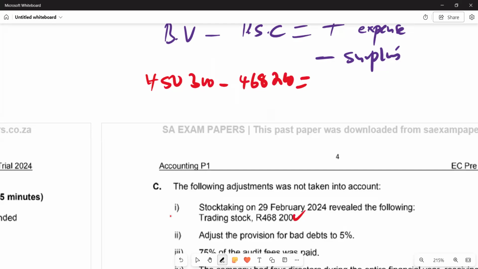So when we subtract, we are going to get negative 17,900, which is a surplus. So if it's a surplus, we take it as 17,900 surplus. So we put it under other income.